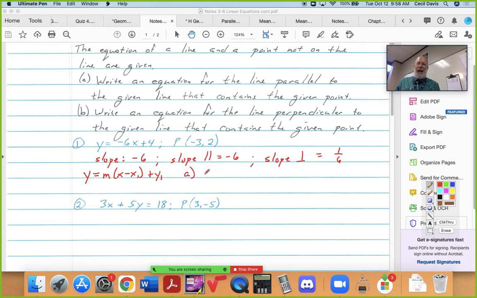So for part A, it's going to be y equals -6 times parentheses x minus, the x coordinate is -3, plus 2.